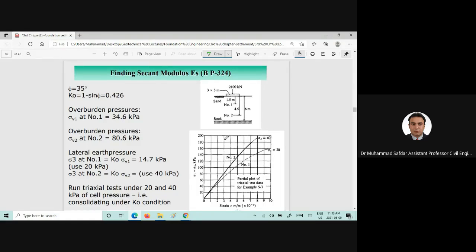Now here in this slide, it is shown that at particular depths, 1.5 meter and 4.5 meter, we collected two soil specimens, and how do we estimate the confining pressure in the triaxial test?